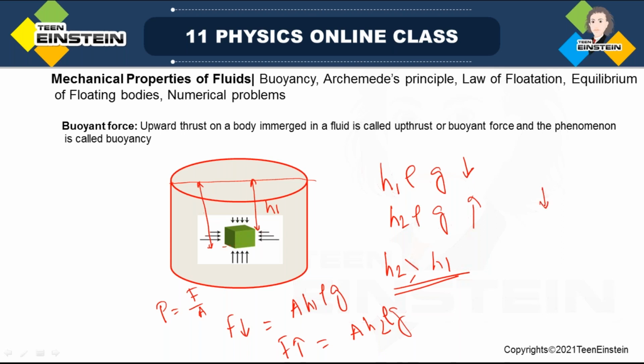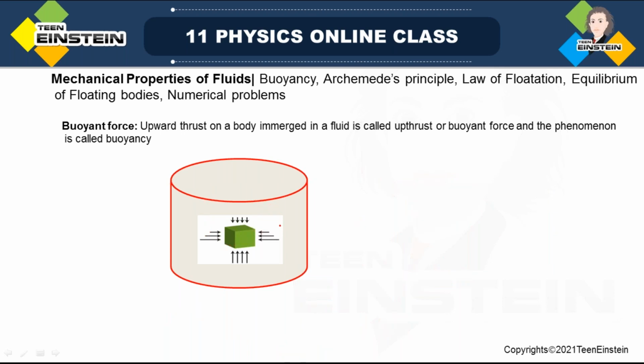You have some thrust from top to bottom in the downward direction, and a greater thrust in the upward direction. So you will have a resultant thrust in the upward direction. I hope you understand: there will be a resultant upward thrust on the object.